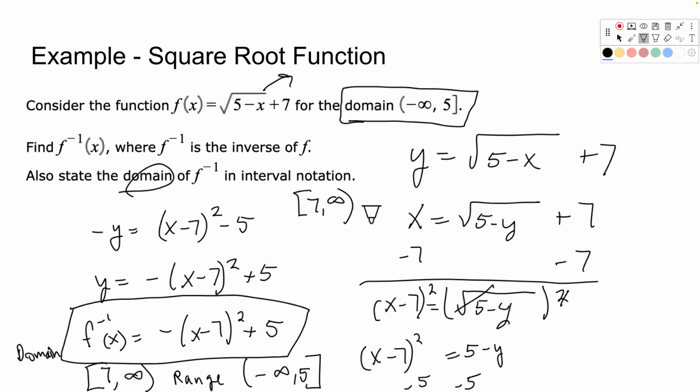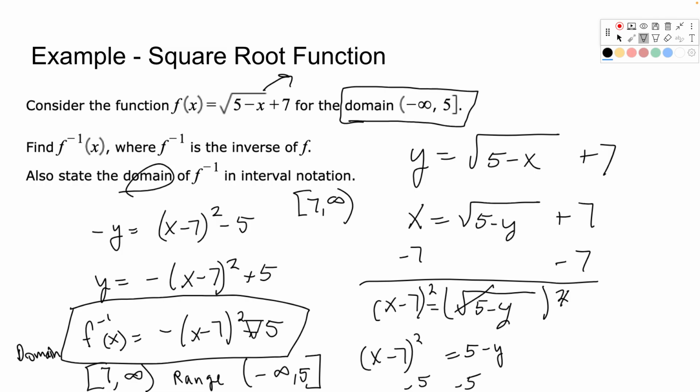So when we've got these questions, sometimes it's hard to answer from one of the functions to the other. Because notice, do we need to restrict x? If I just look at this inverse function, x could really be anything, right? Because it's going to be a quadratic. But because the original function that it came from had a limited domain, for the two functions to work together, this one's also going to have a limited domain.